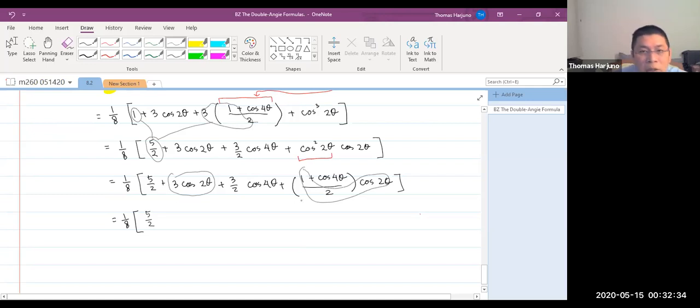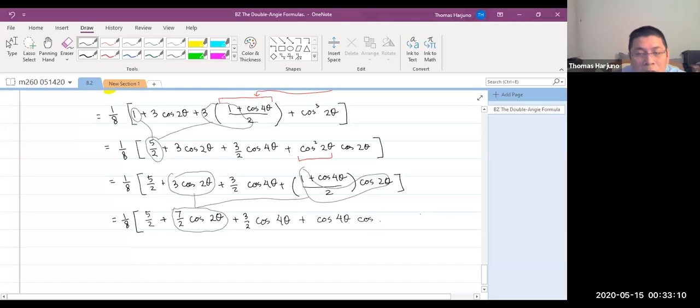So 3 plus 1/2 is 7/2 plus 3/2 cosine 4 theta plus cosine 4 theta cosine 2 theta.